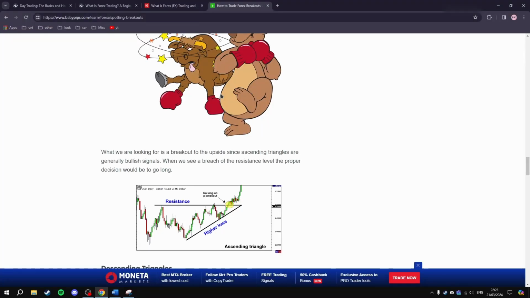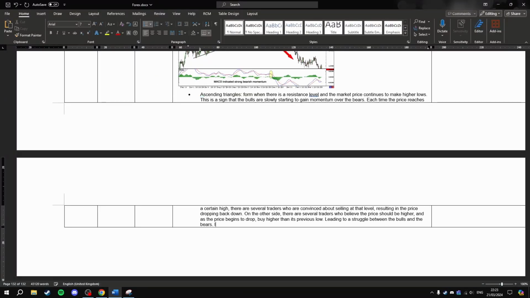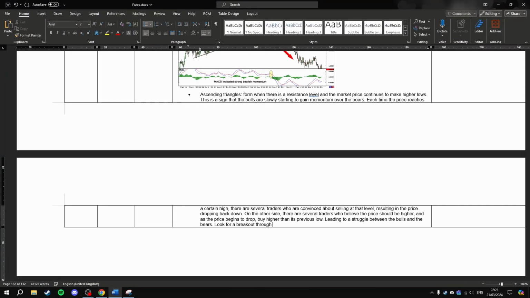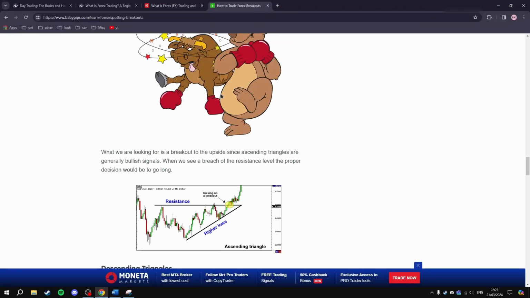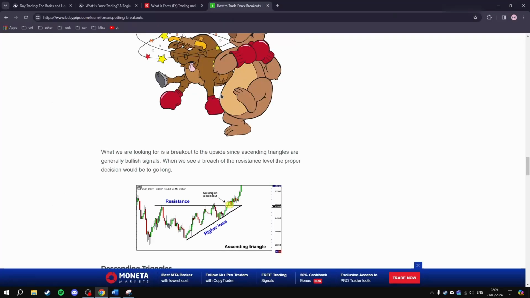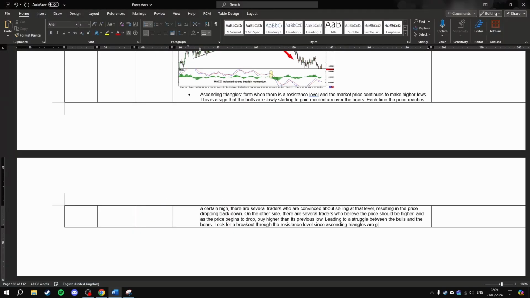So look for a breakout through the resistance level, since ascending triangles are generally bullish signals.